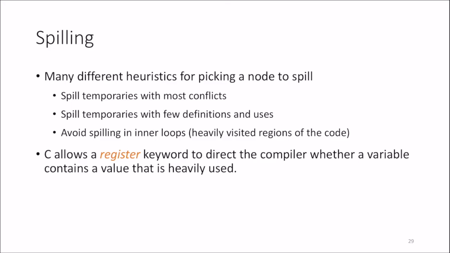So it can be considered a hint, but programmers are often actually bad at giving hints to the compilers. Oftentimes they'll put everything with a register keyword, or not enough. In order to avoid the human error that happens, it's easier for the programmer to let the compiler do the optimizations and do the register allocation itself rather than rely on the programmer.